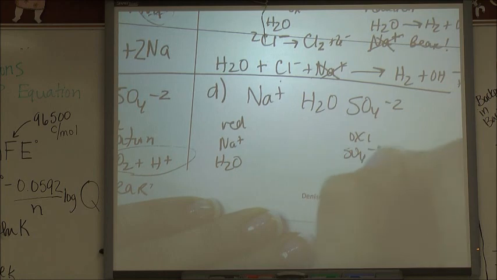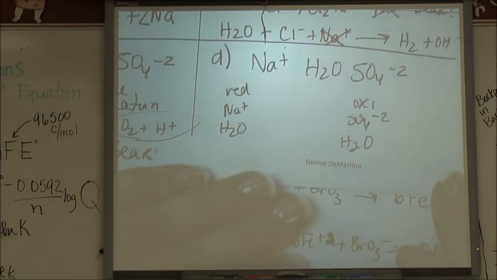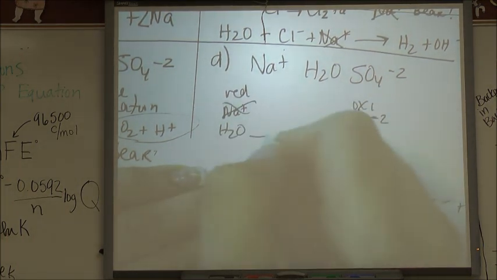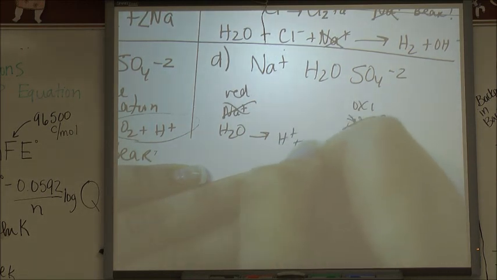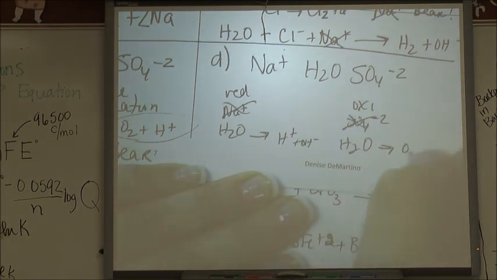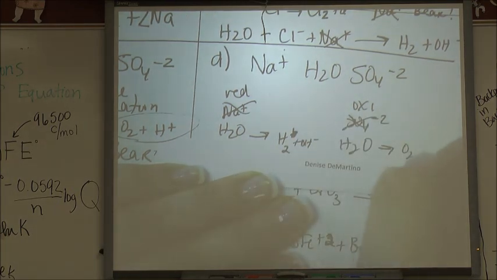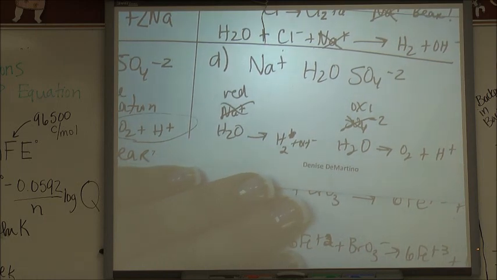SO4 minus 2 and H2O. So what's going on here? H2O is both oxidized and reduced, so we're back to that original equation of making H2 and OH- and O2 and H+. So we only reduced and oxidized water.